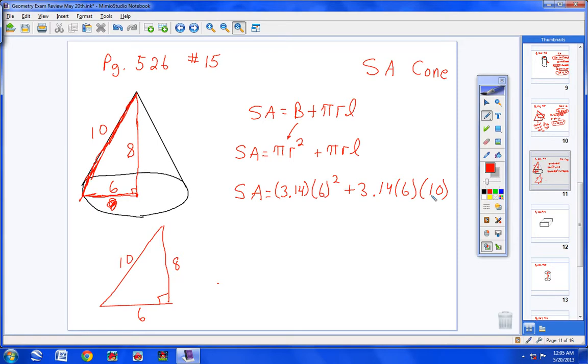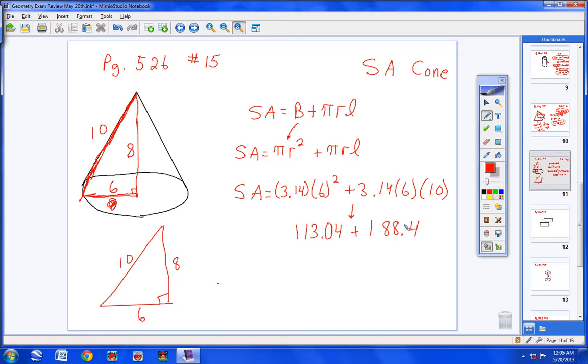So real quick, I'm going to grab my calculator. If you multiply 3.14 times 6, you will get 113.04. And then bring down your plus sign. And then we have 3.14 times 6 times 10, and you will get 188.4.